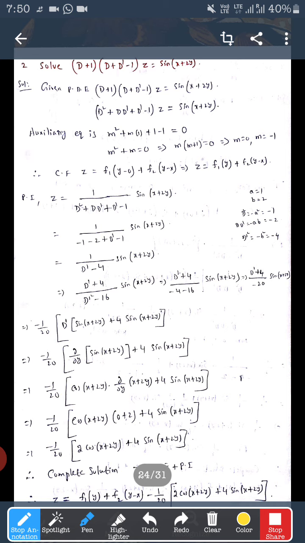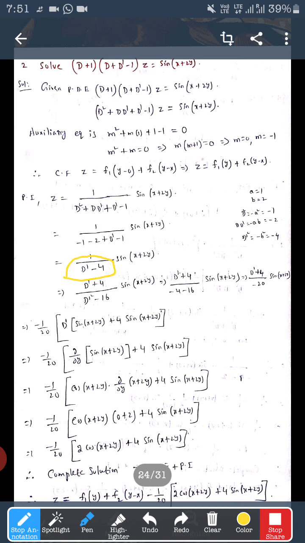Therefore, after substituting, in place of D² minus 1, DD' minus 2, this becomes 1 by (D' - 4). If you observe, in the denominator we have to substitute only in place of D², D'² and DD', so that's why 1 by (D' - 4) is remaining.